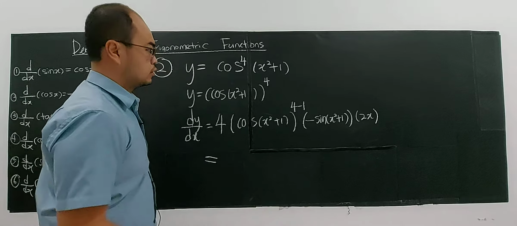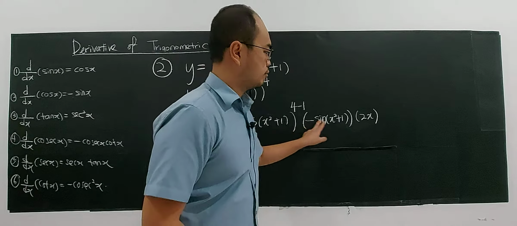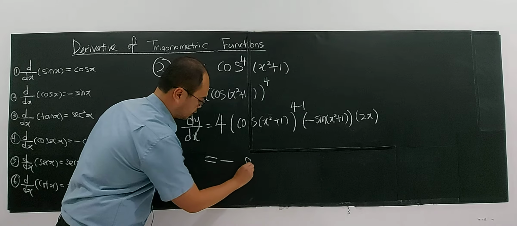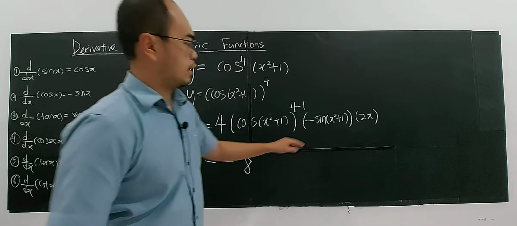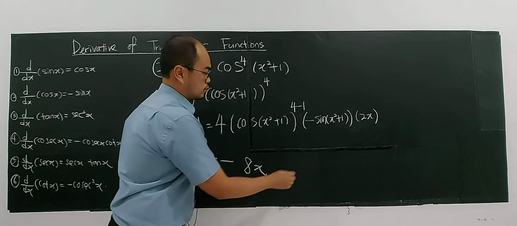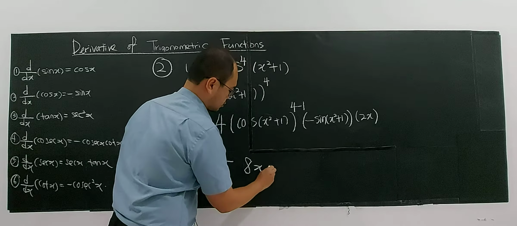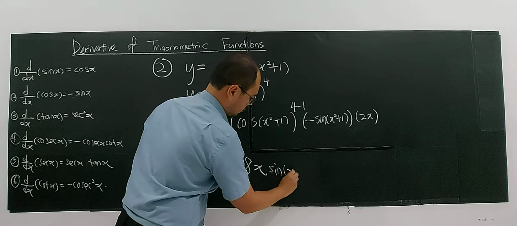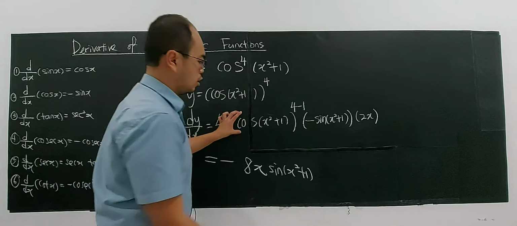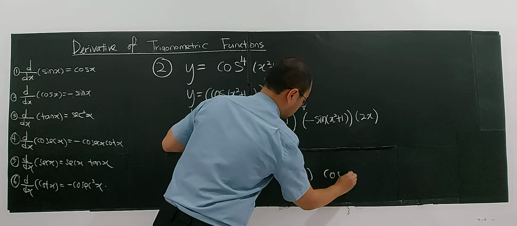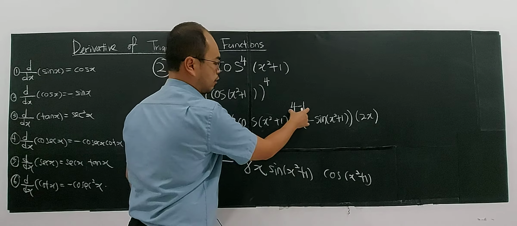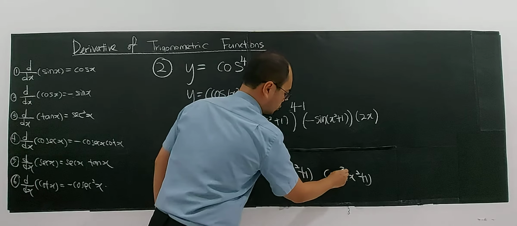So it equals negative 2 times 4, negative 8, times x, times sin of (x squared plus 1), times cos of (x squared plus 1) to the power of 4 minus 1, which is 3. So to the power of 3.